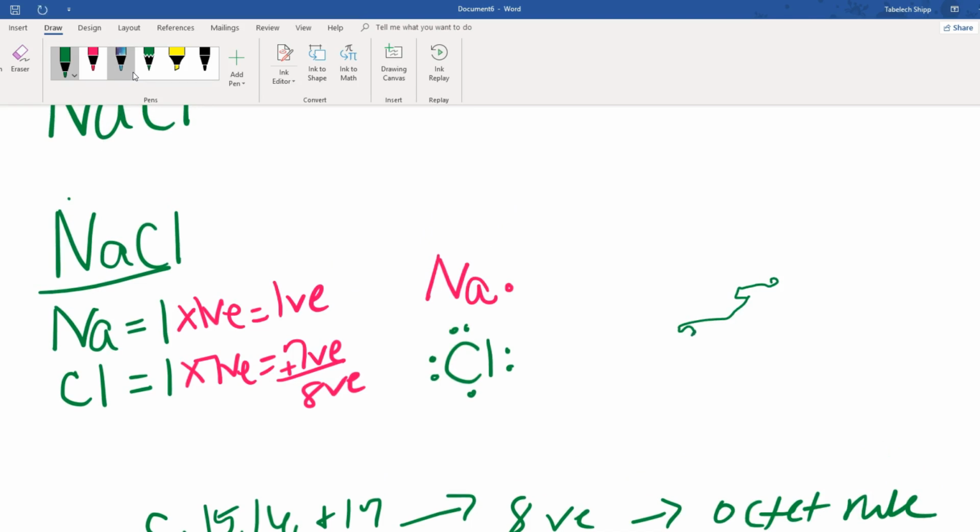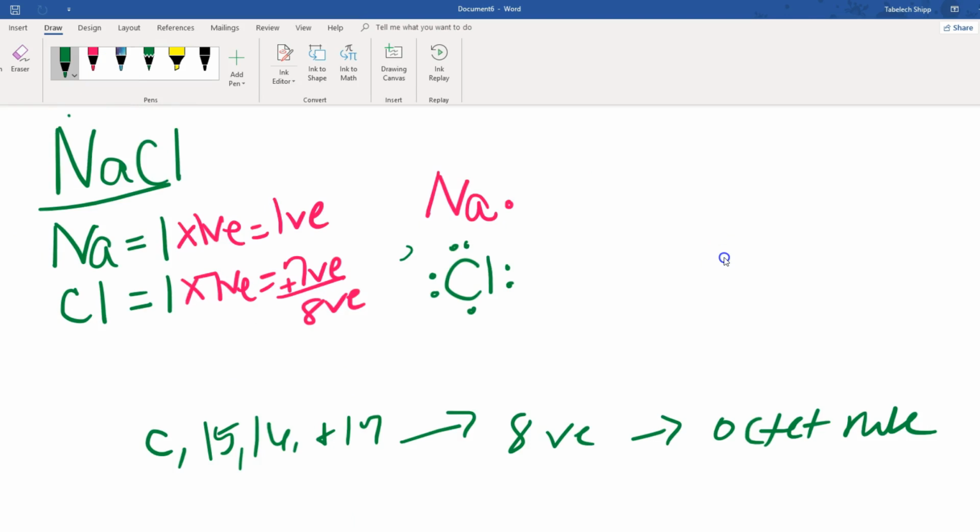I'm going to go back up here to chlorine, and I'm going to draw the structure. So here's chlorine with 7. This is 1, 2, 3, 4, 5, 6, 7.